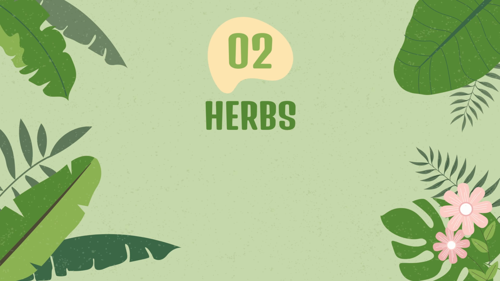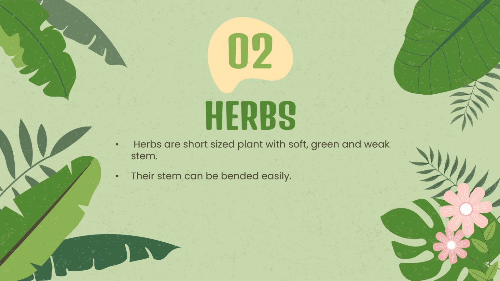Next comes herbs. So what are herbs? Herbs are short-sized plants with soft, green and weak stem. Their stem can be bended easily. The lifespan of herbs is short.